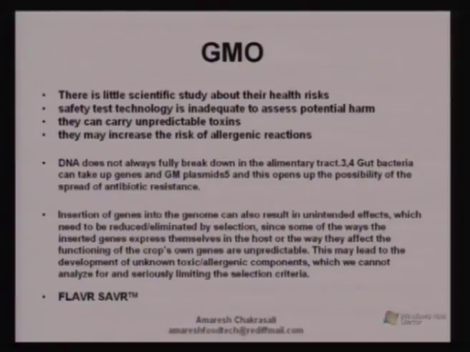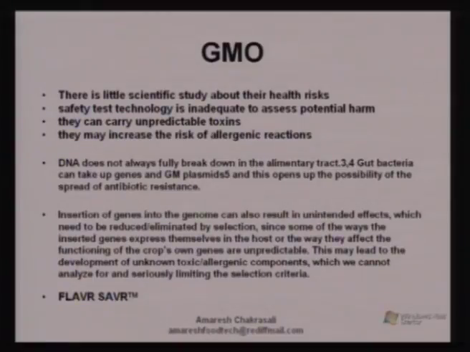Now see what is happening in a genetically modified organism which is being used as food. This DNA does not always fully break down in the alimentary canal. Here the gut bacteria can take up the genes and GM plasmids, and this opens up the possibility of the spread of antibiotic resistance. For example, we have isolated an antibiotic resistance producing gene.